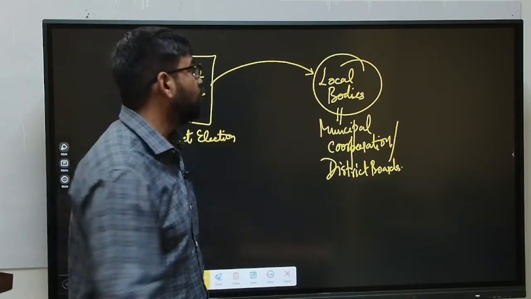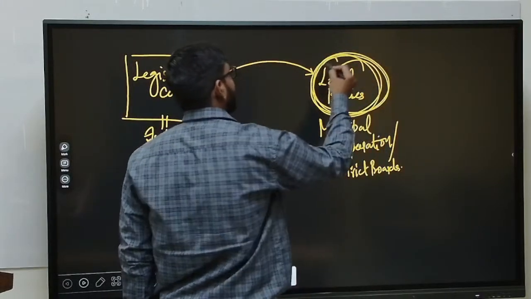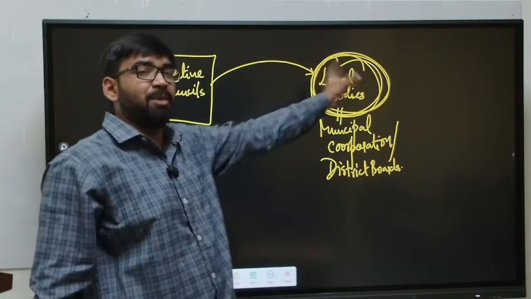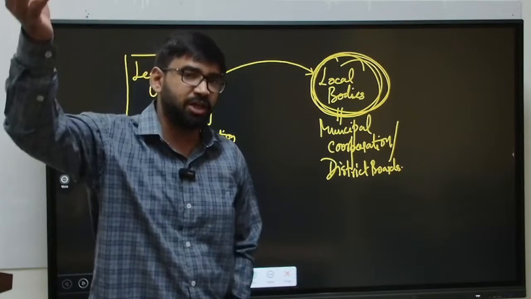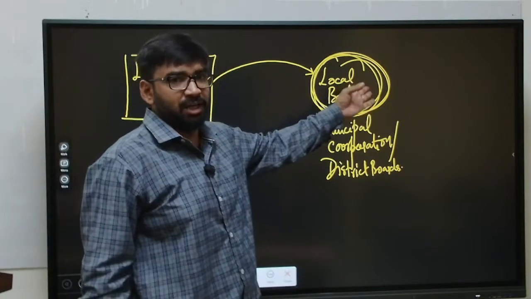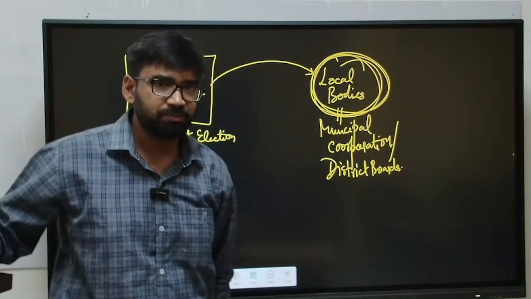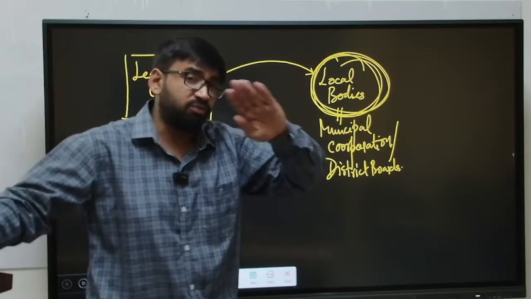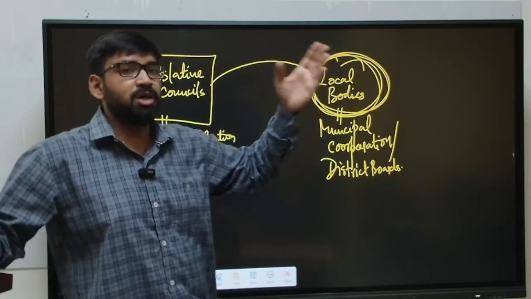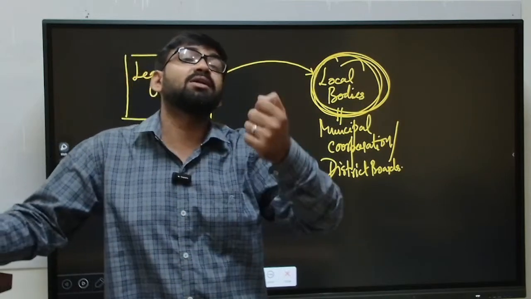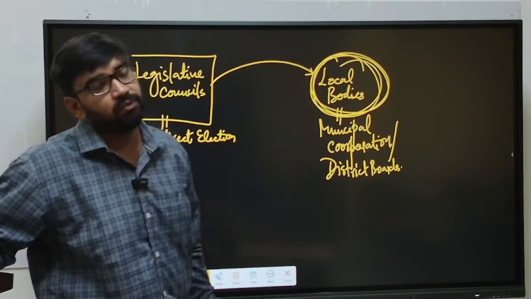For that, Lord Curzon needs to increase official members of local bodies. Official members should be increased. So the elected Indians of local bodies will not have much power. Getting my point? If official members are in majority, then those Indian members were not able to elect their members so that they can send them to legislative councils.